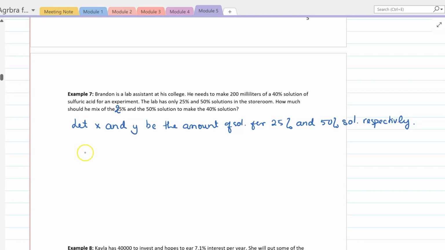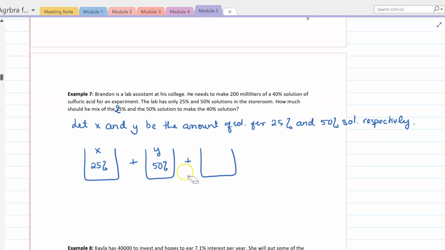Okay. So we have one thing, we mix with another thing, and we end up with something else. Okay, so we don't know how much of the 25%, and we don't know how much of the 50%. But what we want is 200 of the 40%.